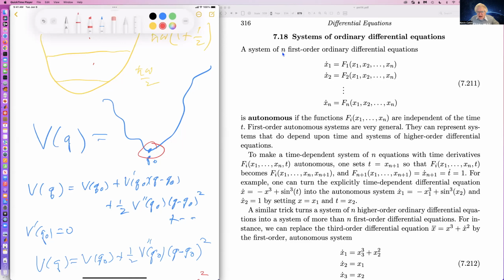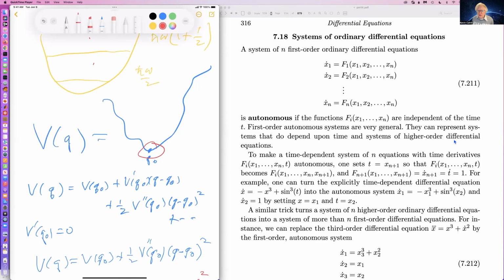A system of n first-order ordinary differential equations should look like this. And we say this system is autonomous because there's no time appearing explicitly. On the other hand, these first-order autonomous systems are extremely general, because they can represent systems that do depend on time explicitly, and also systems of higher order differential equations.